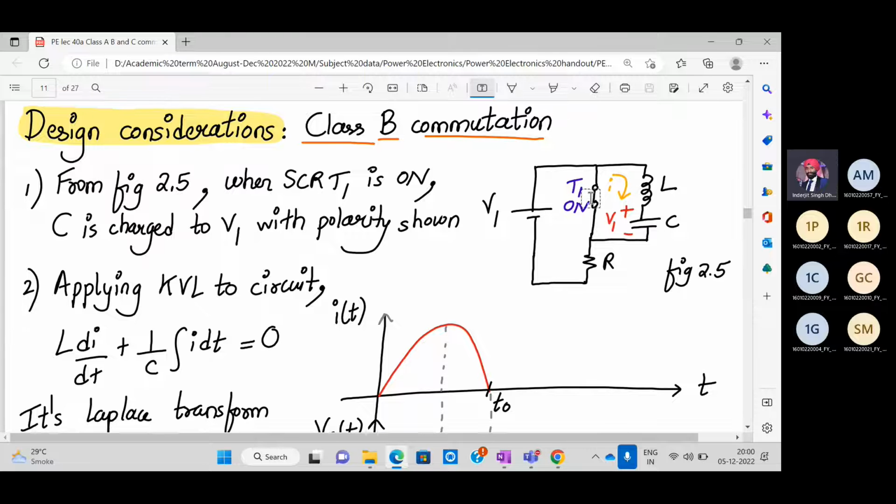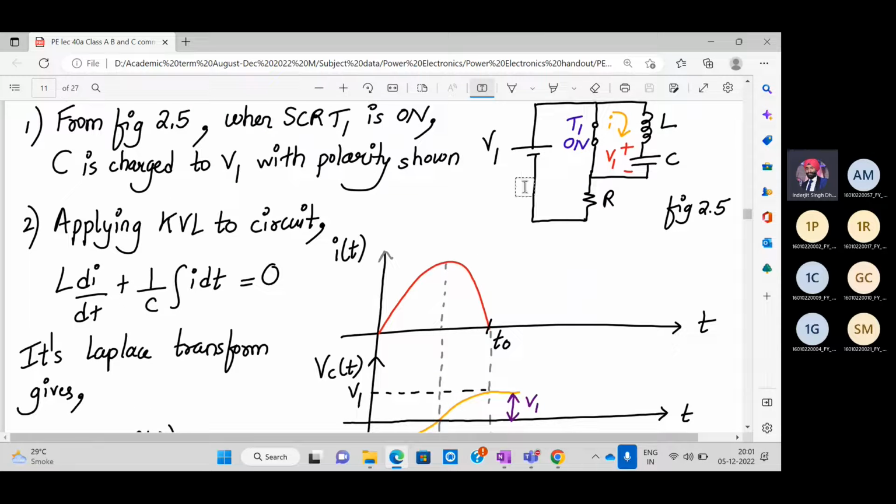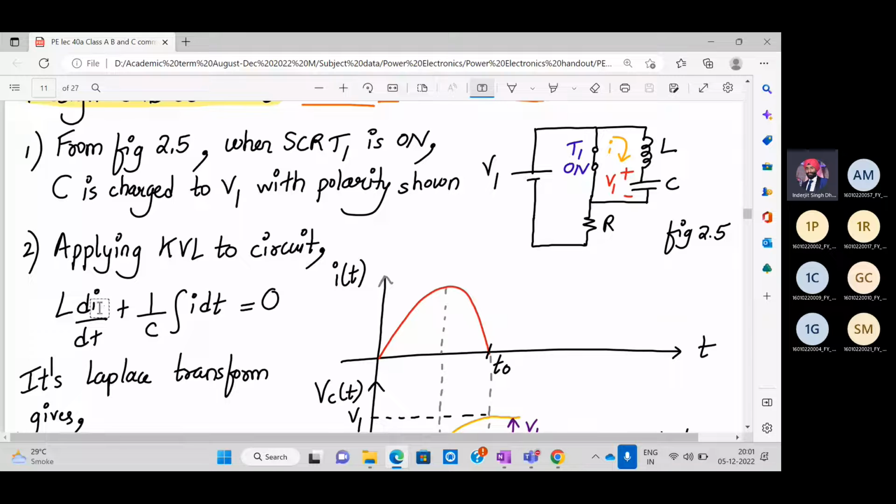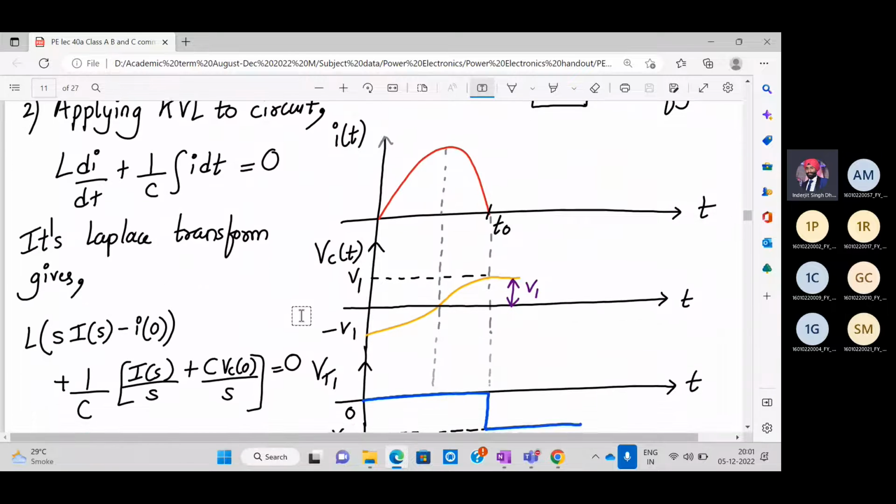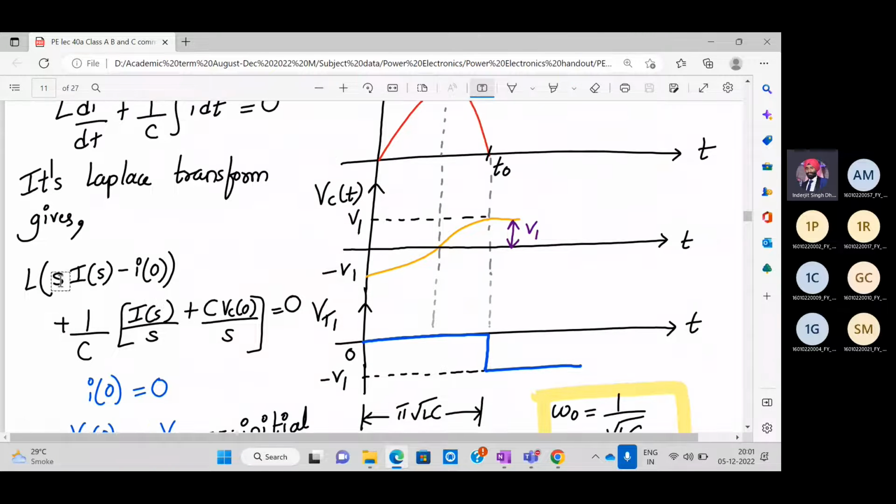As soon as T1 is on, the capacitor will start releasing its energy, so the voltage across the capacitor will start to reduce. Now applying KVL to the circuit, what do we have? L di/dt plus 1/C integral of i dt equals 0.